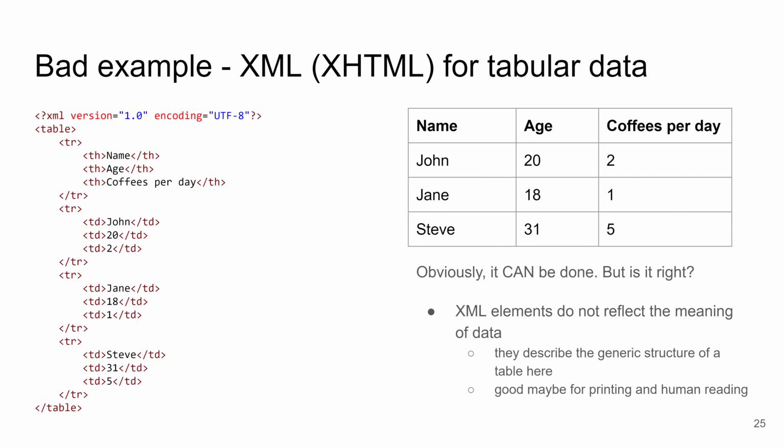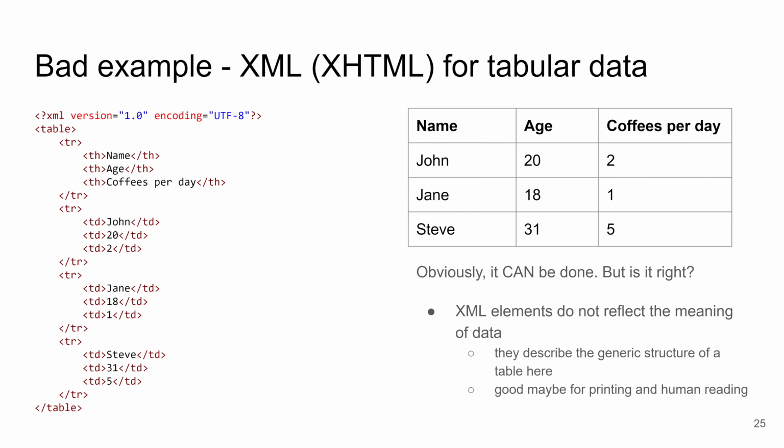So typically you would represent this data as tabular data, for instance, a CSV file. Again, we will talk about CSV files in some other lecture, but it is clearly a tabular data set because you have rows and columns, and that's it. However, it can of course be represented in an XML file, like what you can see on the left.